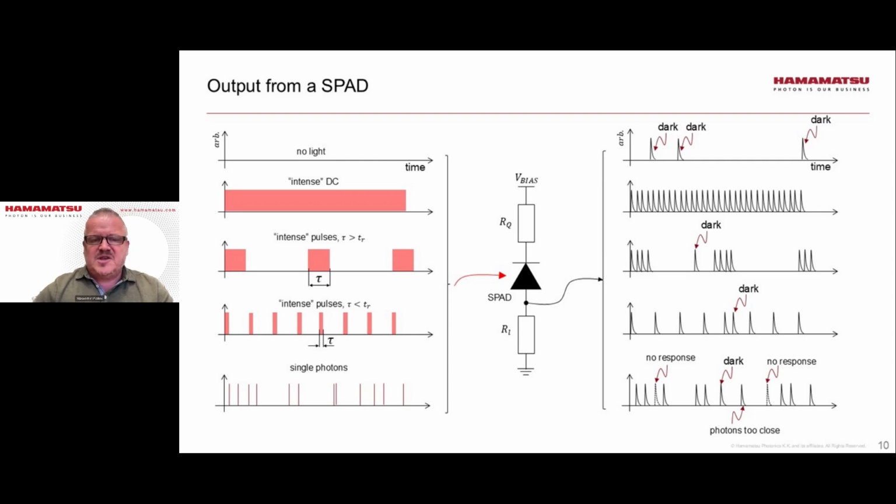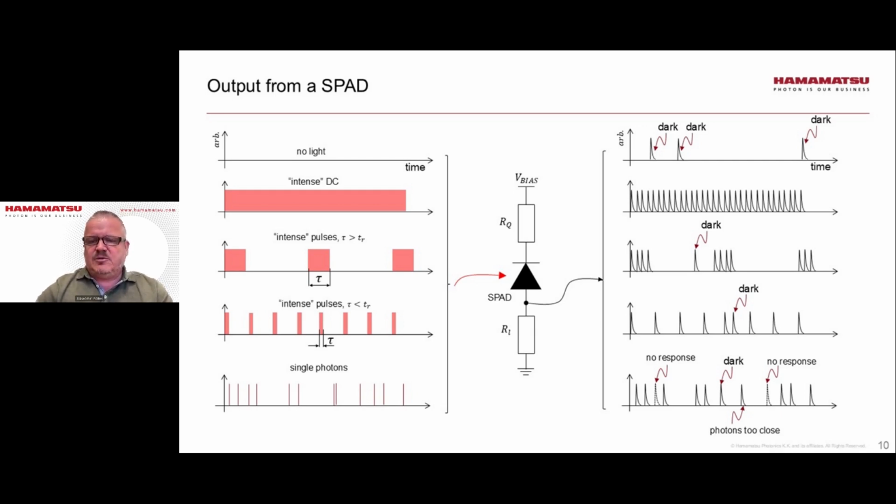Please note that if I were to increase the intensity of light, you would not get more pulses than what is shown here. We have reached the maximum rate with which pulses are produced. Suppose I now have intense pulses with a duration greater than recovery time.